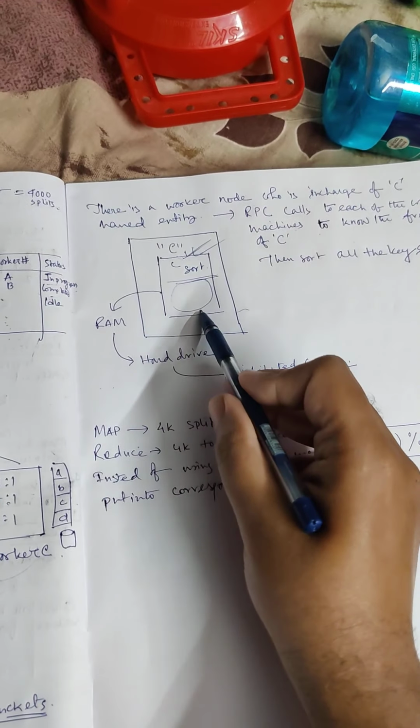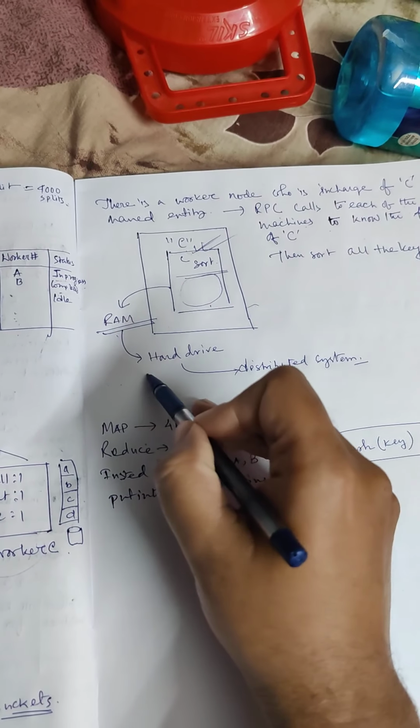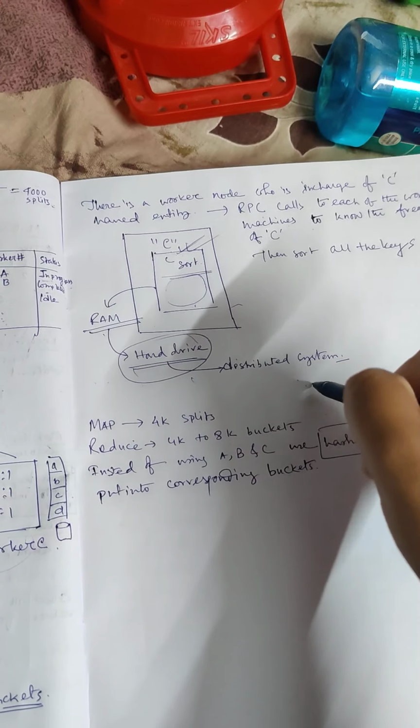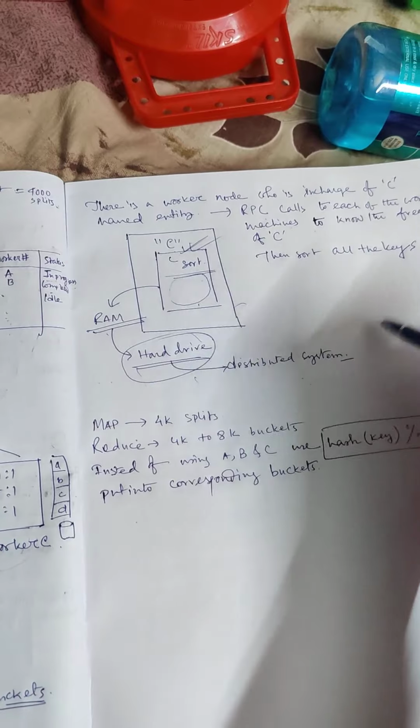Then it is stored first on RAM, then on hard drive, and finally from the hard drive it is sent to the distributed persistent database system. So in this way it goes.